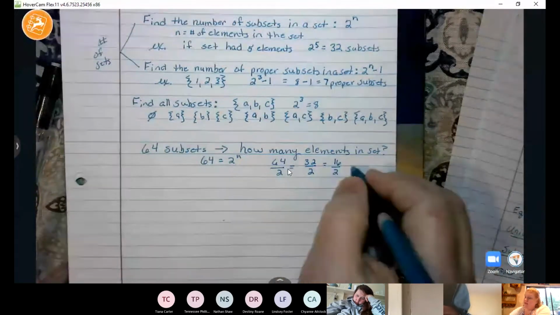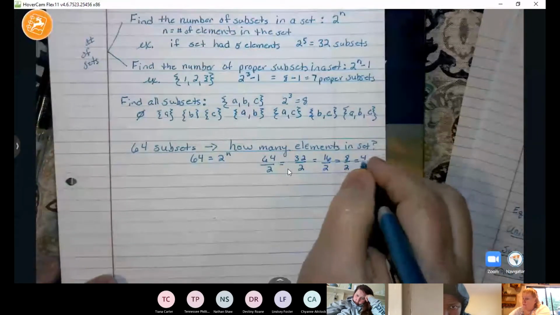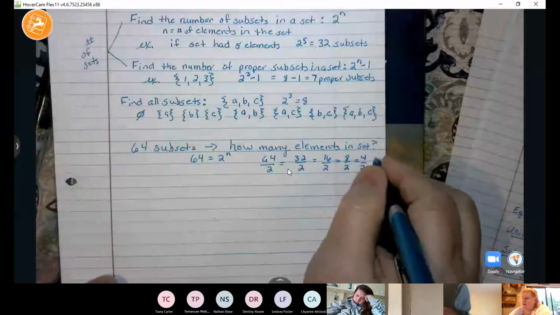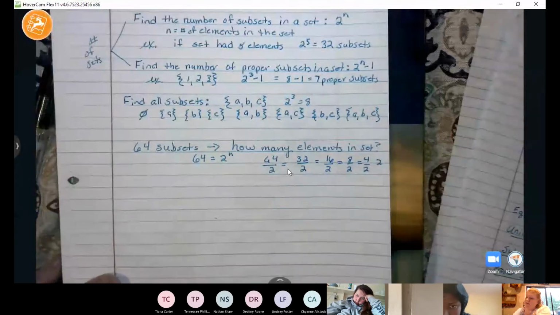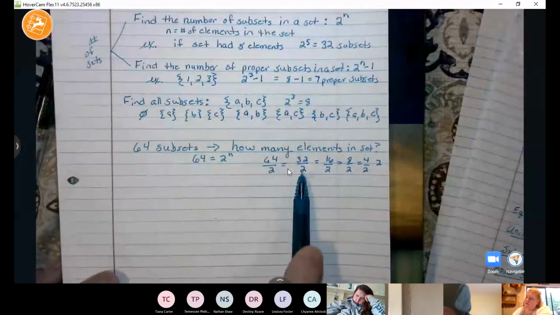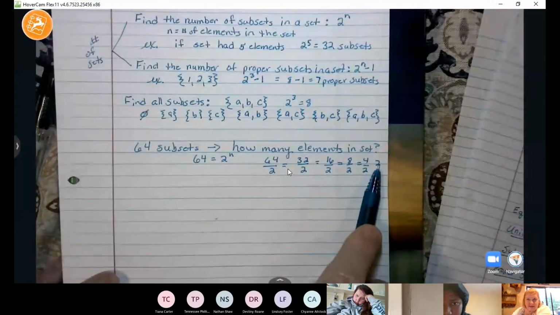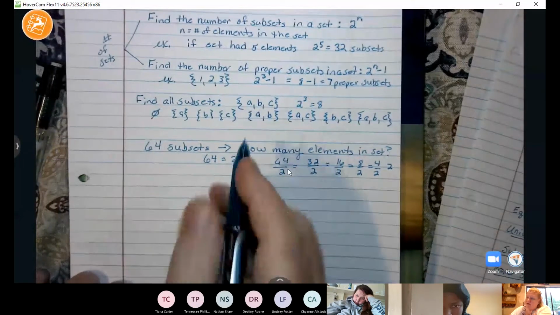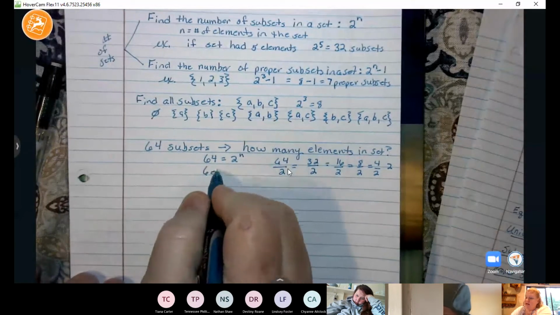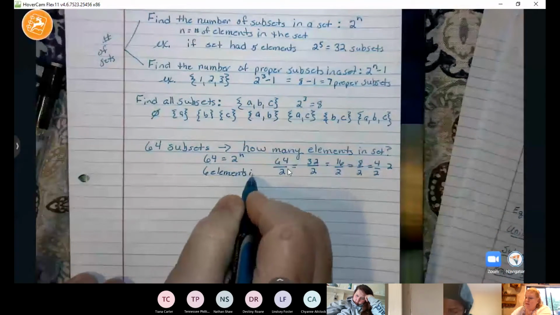Divide 16 by 2 again, and you get 8. 8 divided by 2 is 4. And 4 divided by 2 is 2. How many times did you divide? 1, 2, 3, 4, 5, and count the last one, which is 6. So that means there were 6 elements in the set.